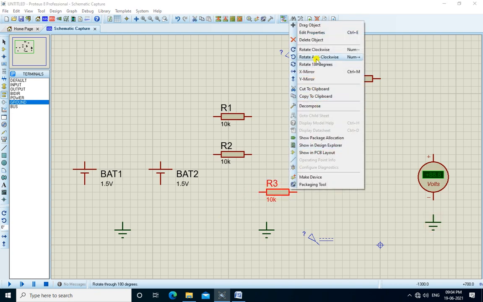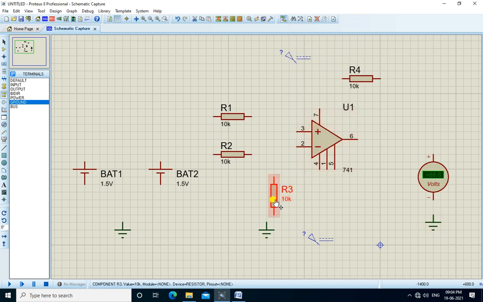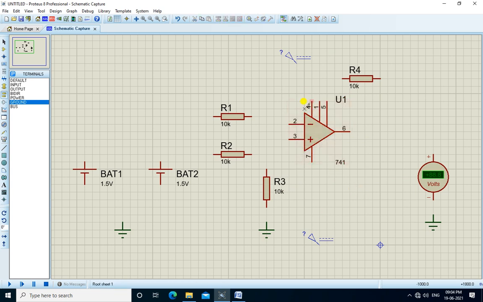We turn this resistor and flip this also. Okay, now we connect all the components.